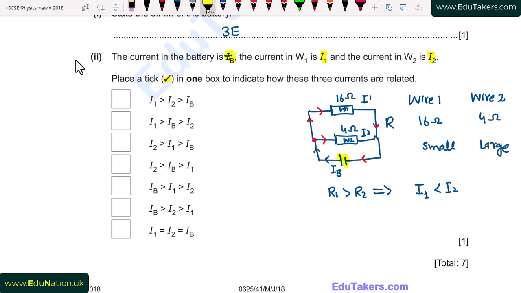As the battery supplies current to both of these wires, the current of the battery, IB, is much larger than both of these. So the order is that current IB is the largest, then I2, because I2 is greater than I1. So this option, IB greater than I2 greater than I1, is the correct option.